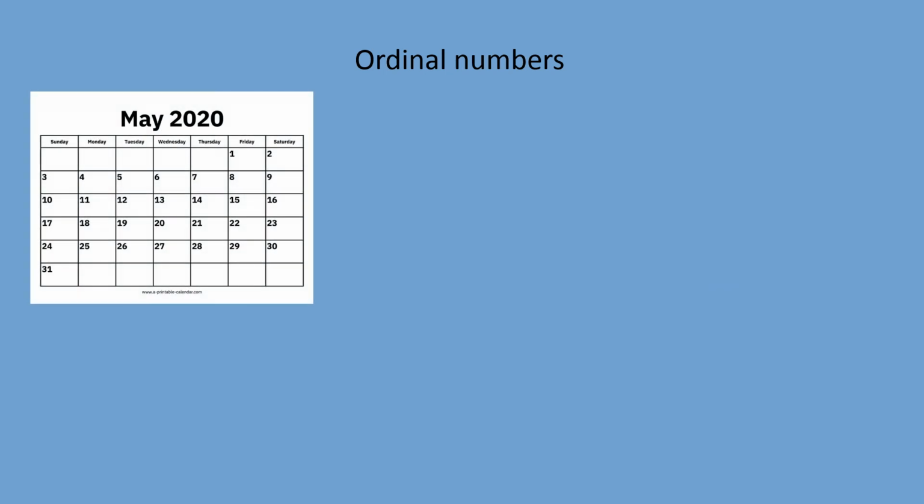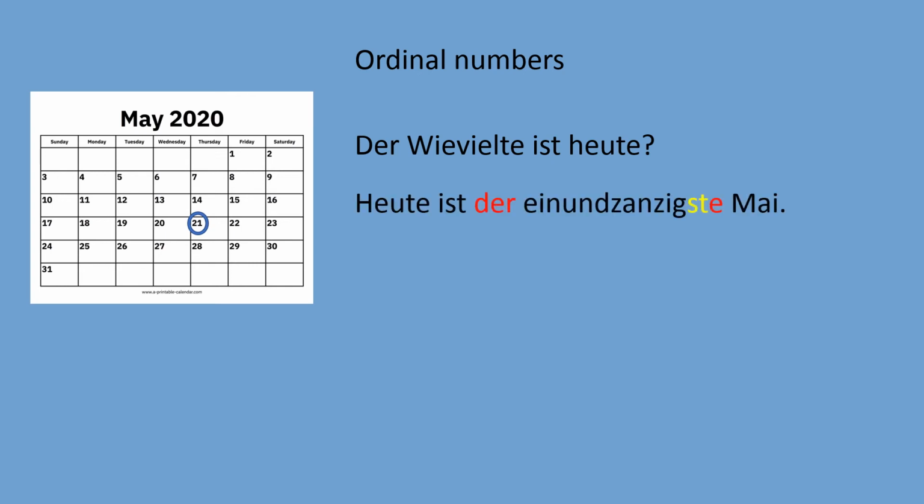Okay, so let's analyze it once again. Today we have May the 21st. When our question is der wievielte ist heute? What date is today? Our answer will be heute ist der 21. Mai. So you remember, Mai is a masculine noun. Now, Mai is used in the nominative case because we have the verb to be.